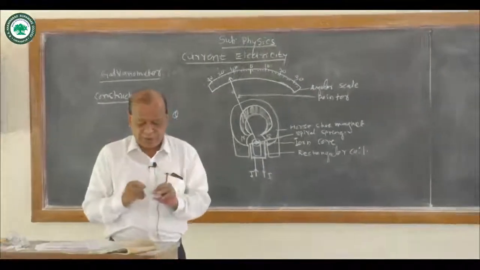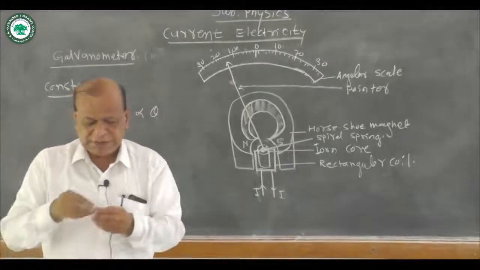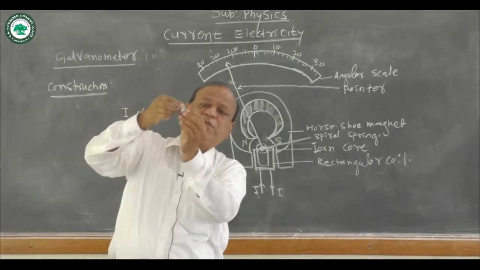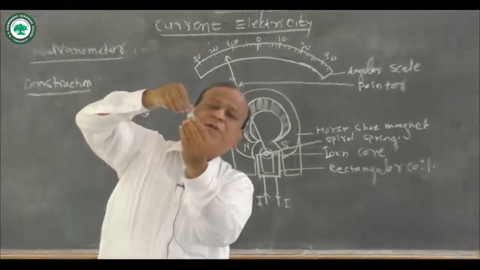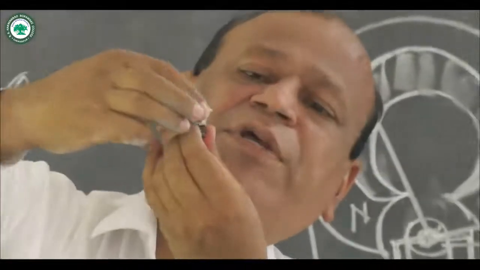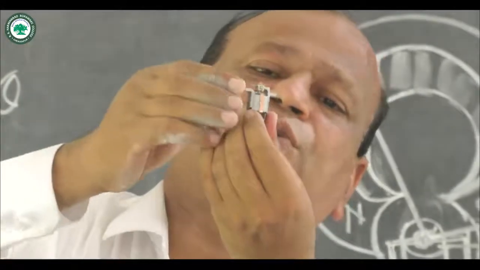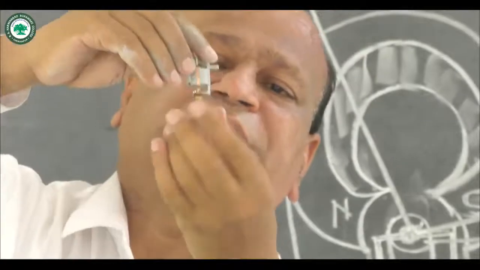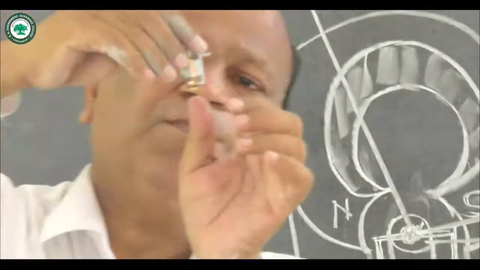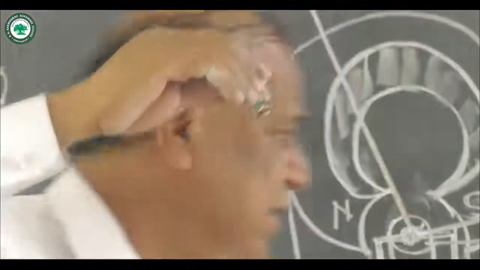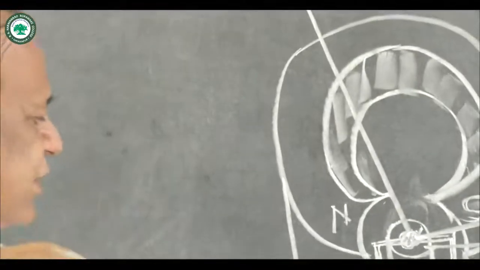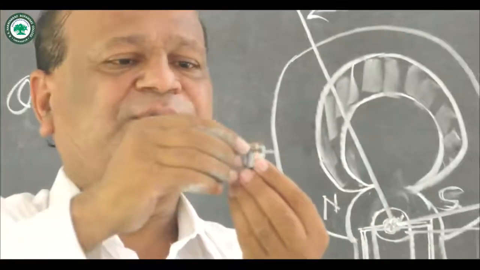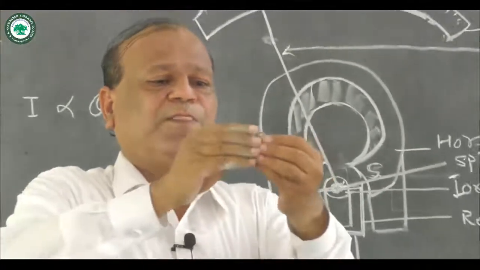Actually, see this rectangular coil here. This coil can be rotated here. Current will be flowing through this rectangular coil. Connections for current are not shown here. There are two wires here, entering the current and leaving the current, and horseshoe magnets are there.